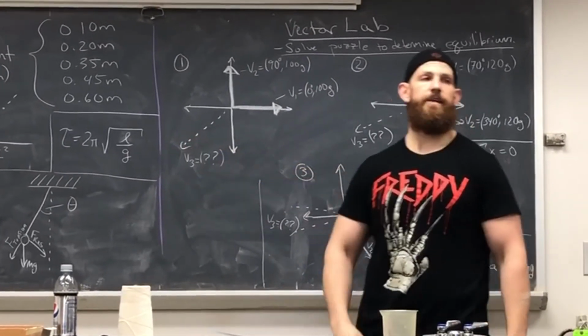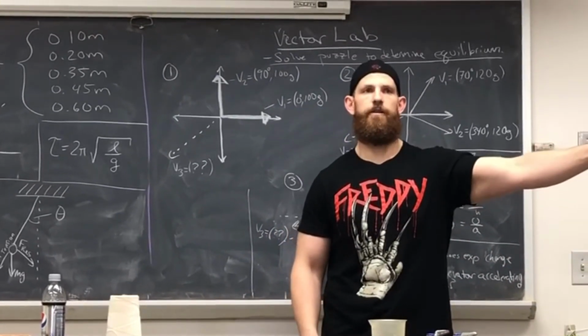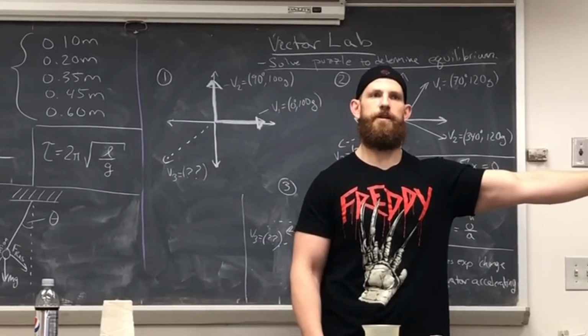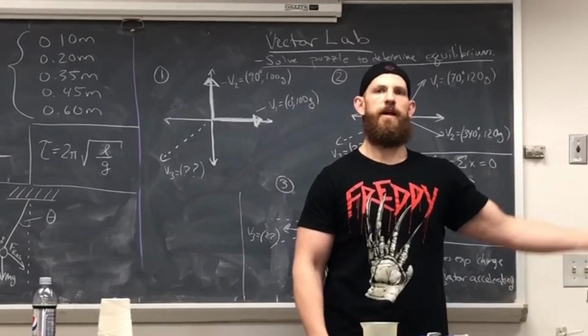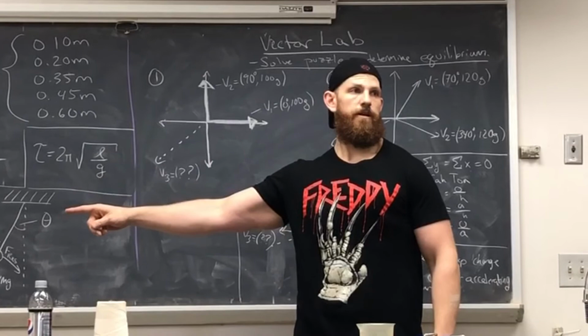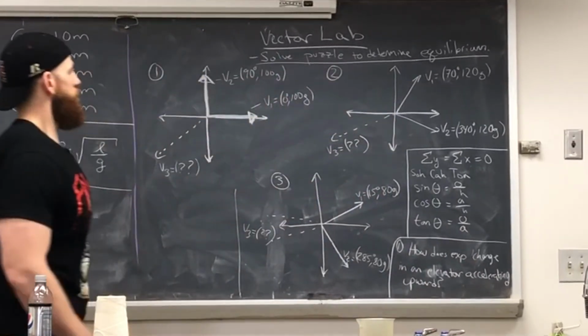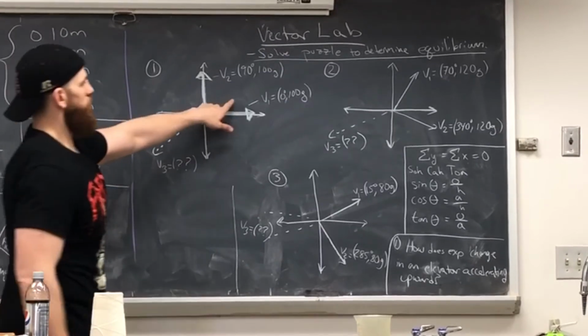But I can figure this out by breaking it down and saying how far did they go east, how hard are they pulling south, how hard are they pulling east, how hard are they pulling north, adding those two numbers together, figuring out the resultant on the other side, and then calculating the force that I need.